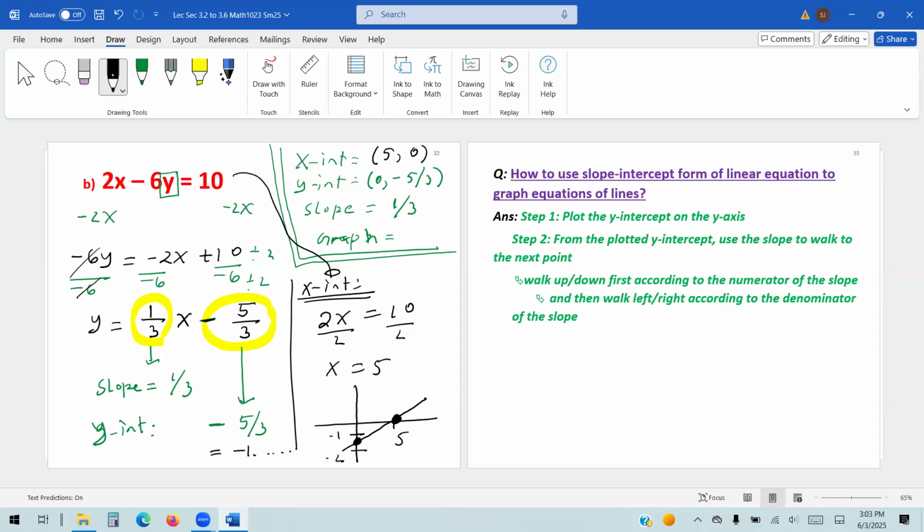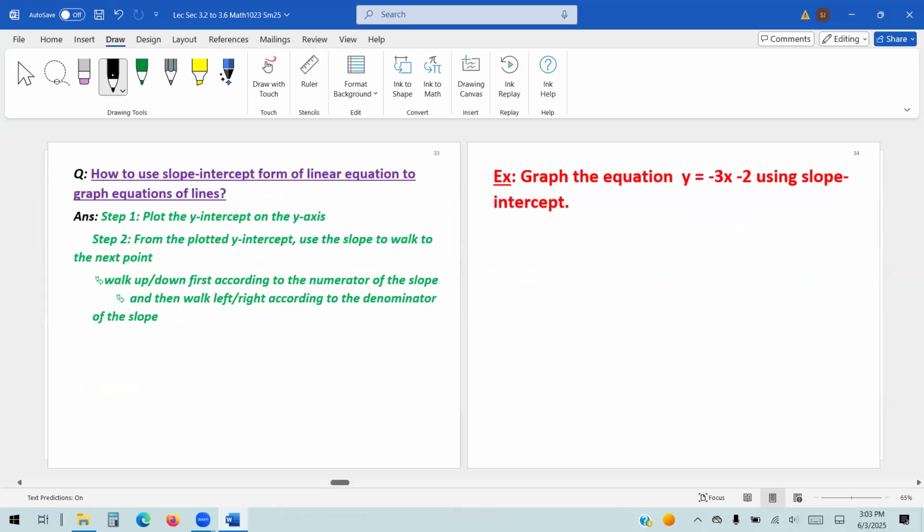All you have to do is look at your slope and the y-intercept, and you can easily graph it. How? You're going to start with the y-intercept. First, we plot the y-intercept on the y-axis, and then you walk the slope. Remember, slope is change in y over change in x, so it's y over x.